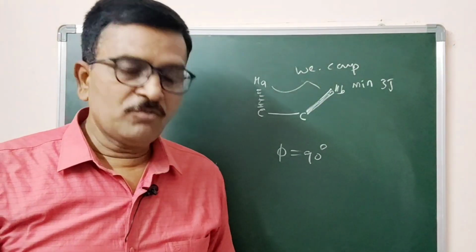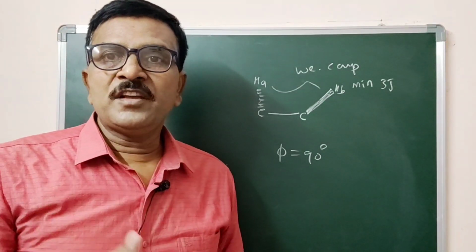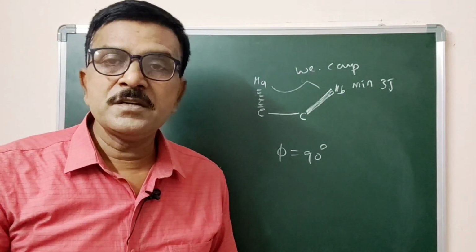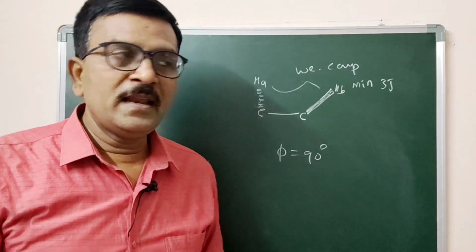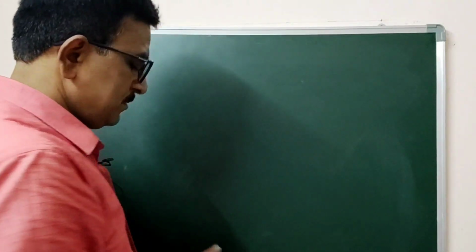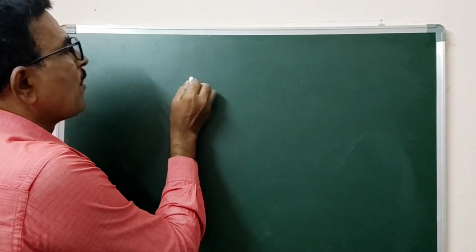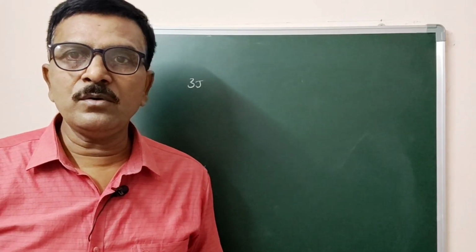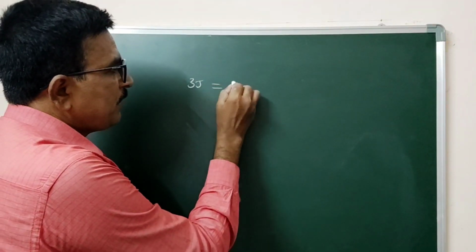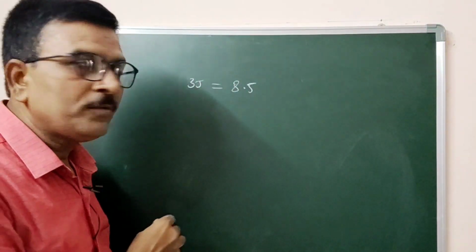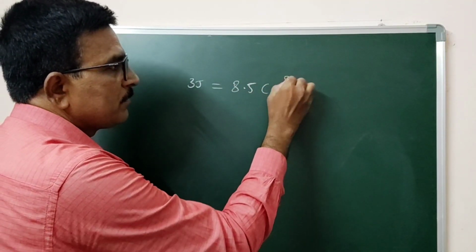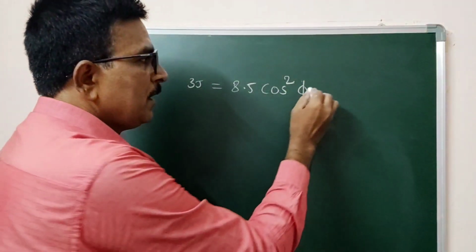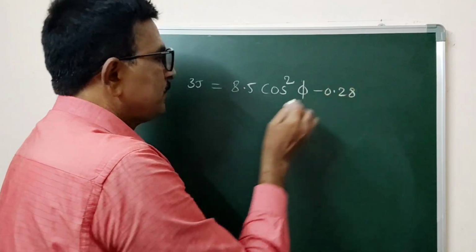Is it clear? Now further, Karplus suggested two formulas for calculating vicinal coupling constants depending upon the dihedral angles. The first equation: 3J is equal to 8.5 into cos square of the dihedral angle minus 0.28.